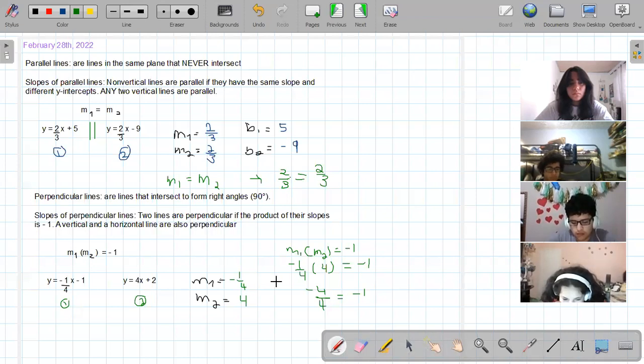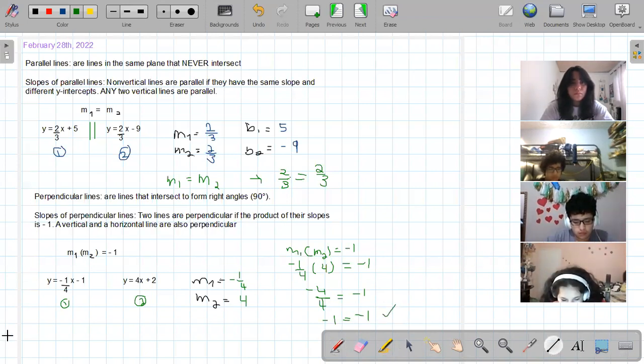Can I simplify -4 divided by 4? Yes. How much is that? -1. Is -1 equal to -1? Yes. So this is correct.